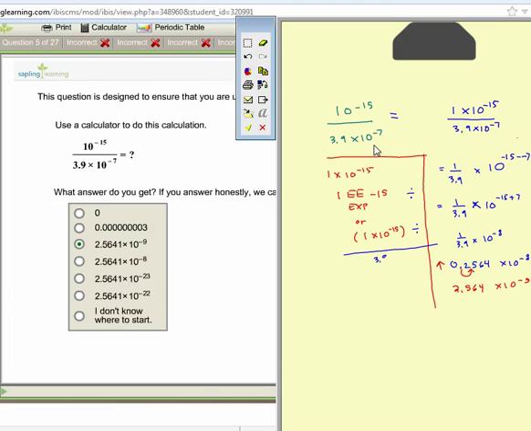So do 3.9, EE or EXP, minus 7. That's what we enter. We don't hit times 10, we don't hit times anything. It's just 3.9 EE or EXP minus 7. And then you hit the equal sign.